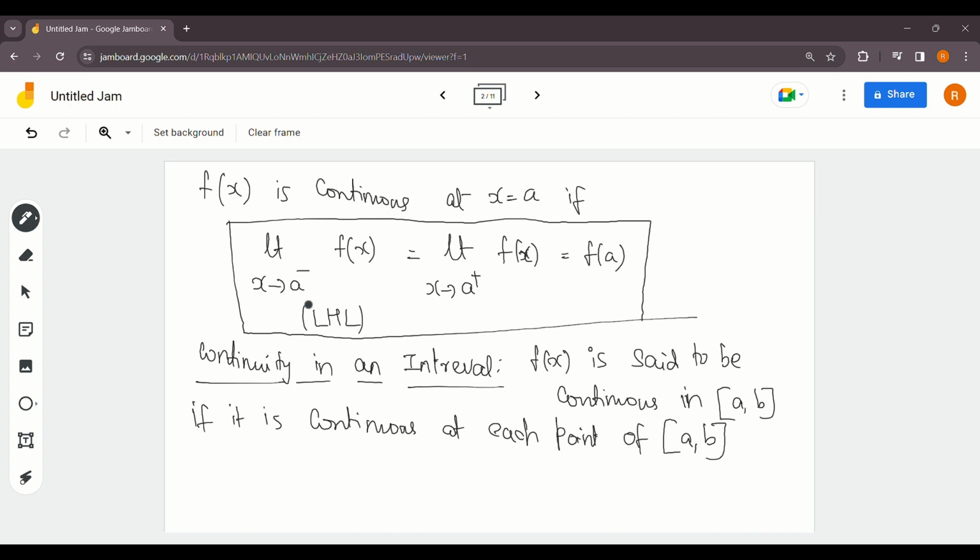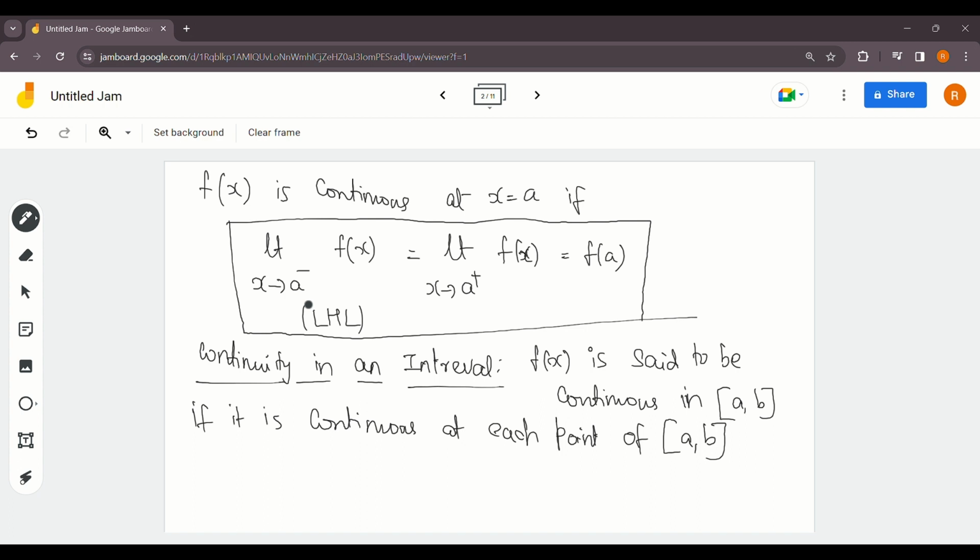So limit of x tends to a minus f of x equals limit of x tends to a plus f of x. Suppose a we have already assumed as 0, a plus means towards the right of 0, like 0.1, 0.2, like that. It has crossed 0. So limit of x tends to a plus, that is also called right hand limit, f of x equals f of a. If it is equal, then it is continuous at x equal to a.